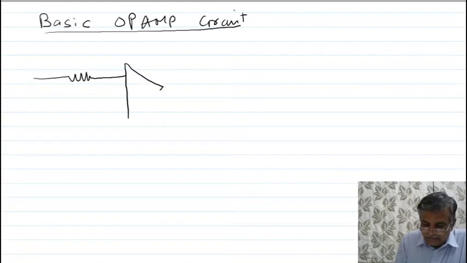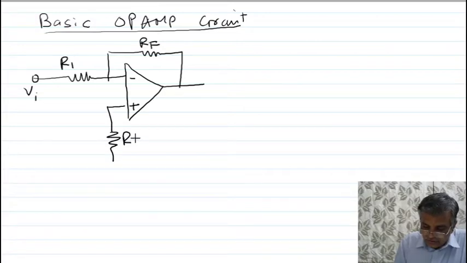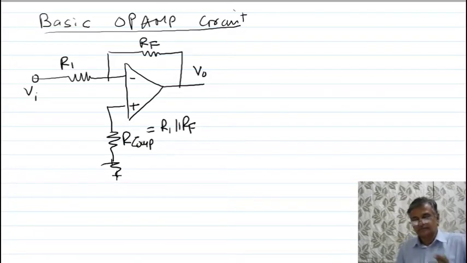Basic inverting amplifier with resistor R1, resistor RF, this is your VI, this is your resistance R compensated. You studied this in the last semester. So this is your VO, this is your ground.